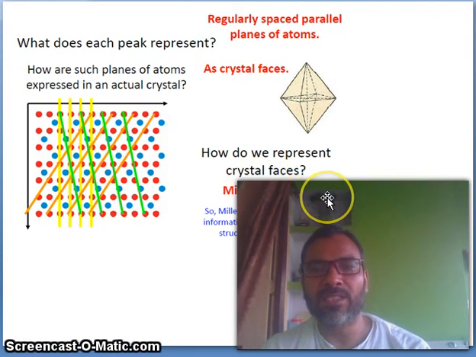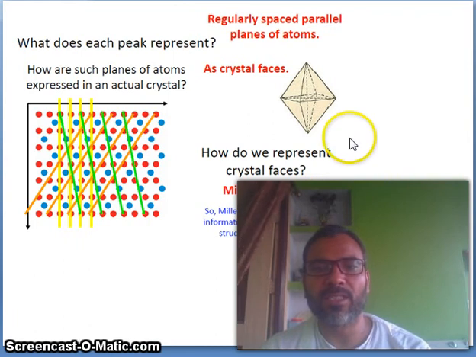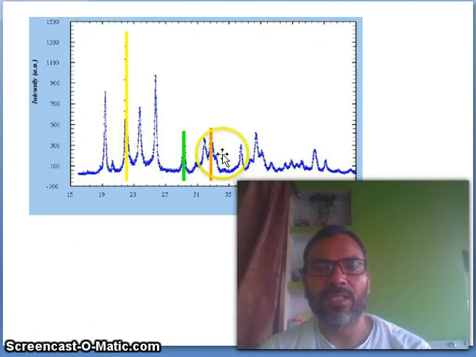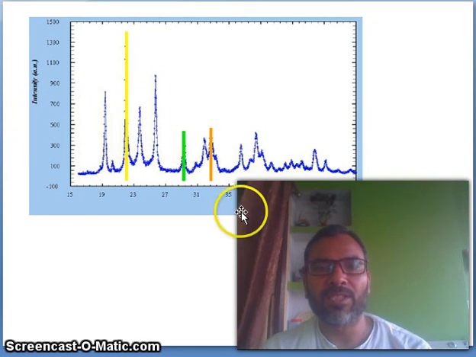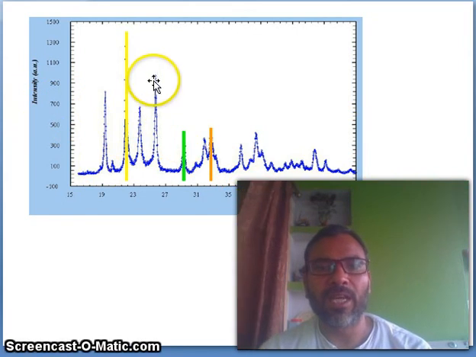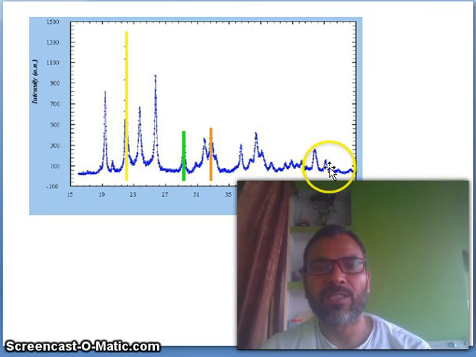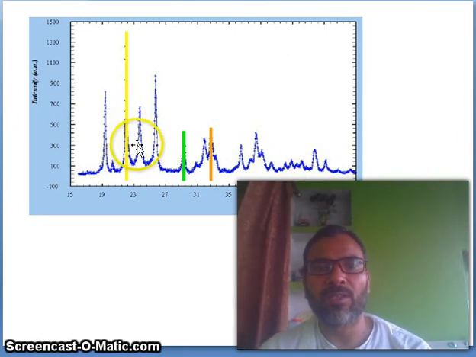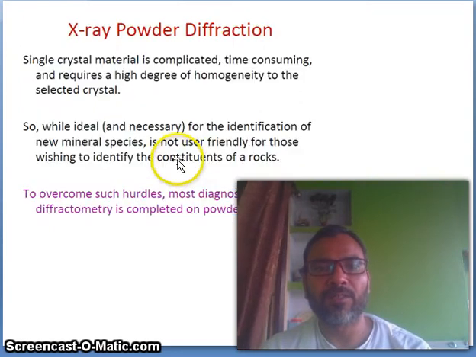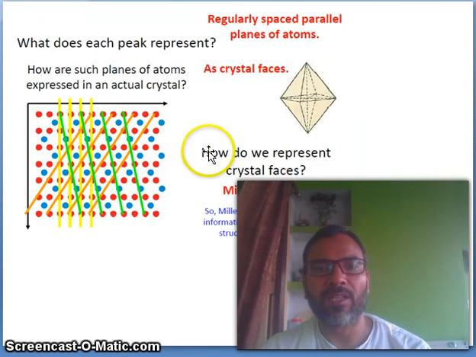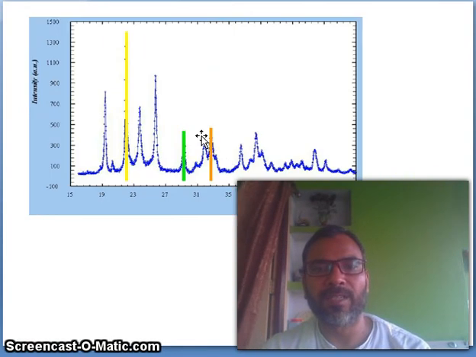Miller indices also provide information about the internal structure of minerals. So you see this graph of intensity versus 2 theta. You see high intensity, low intensity, yellow, green, and orange. So each peak represents a 2 theta value.